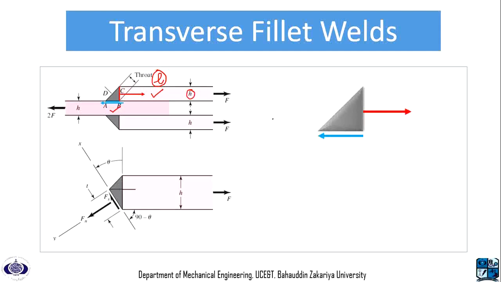Now we are going to derive the formula for transverse fillet weld, and for that we are going to dissect this fillet weld at an angle theta, and we are going to isolate this section which has a normal stress on one leg being applied, and on the other side we have a shear force and a normal force being applied, whereas this one is the applied force F.